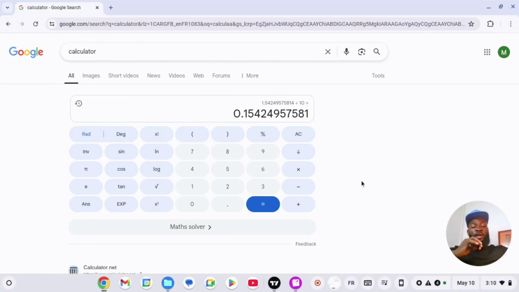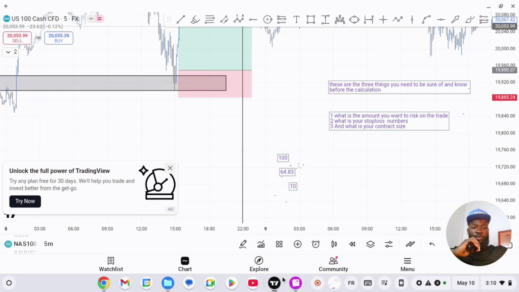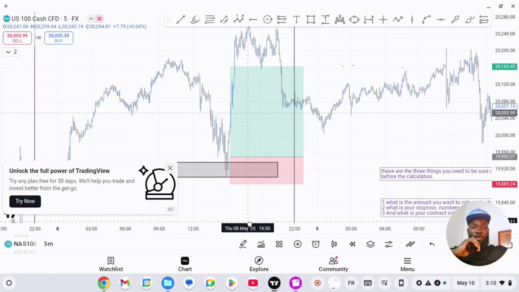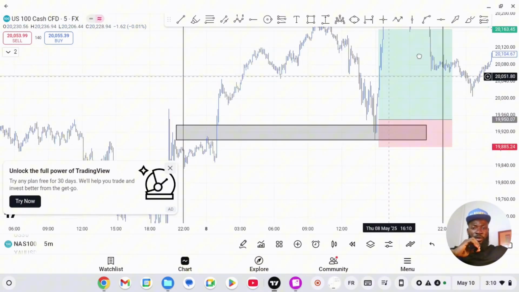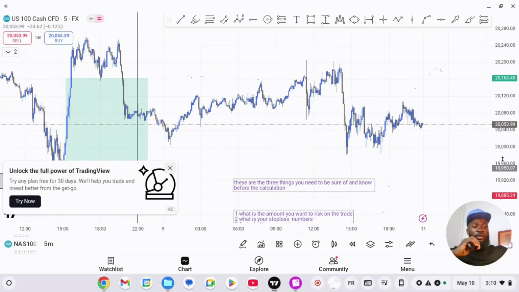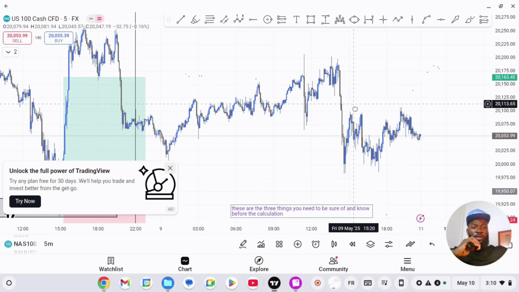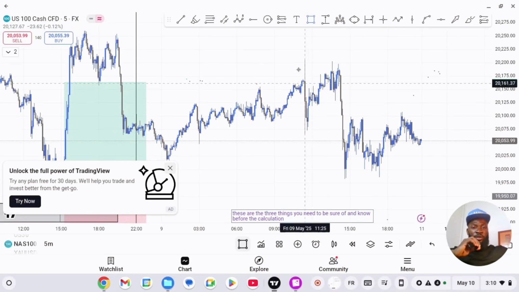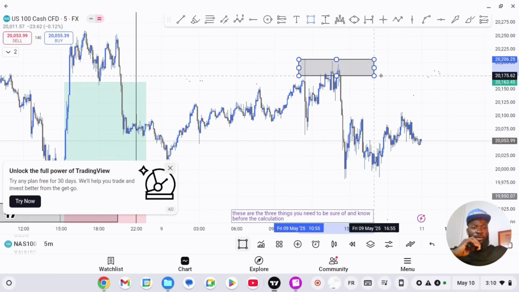Now let's look at a down trade example. Let's say we want to sell this trade right here.